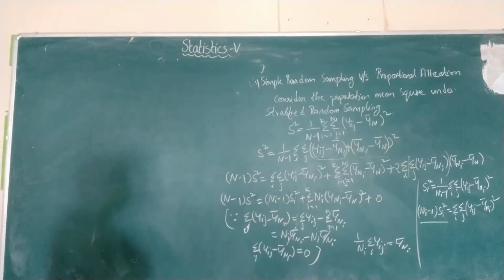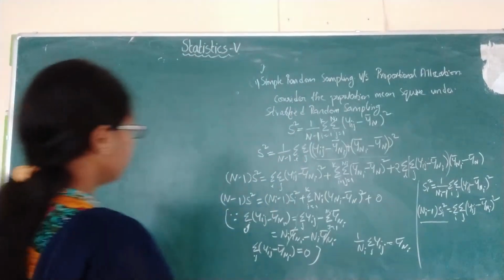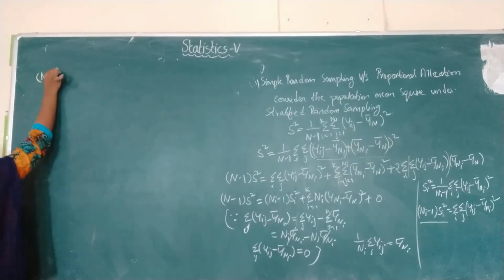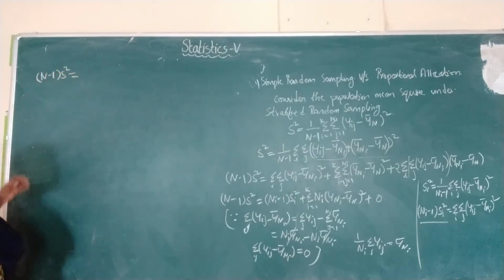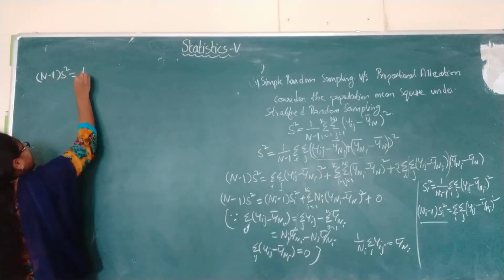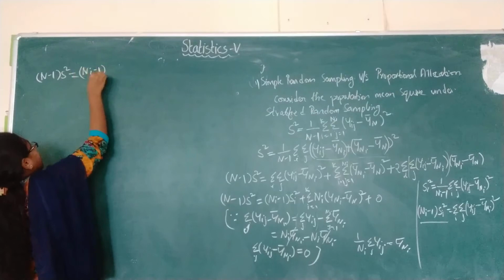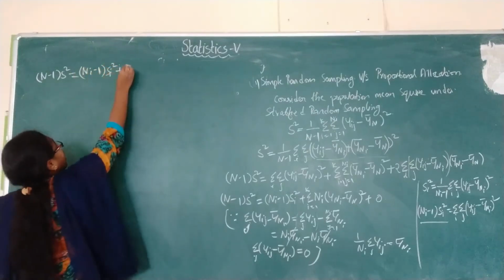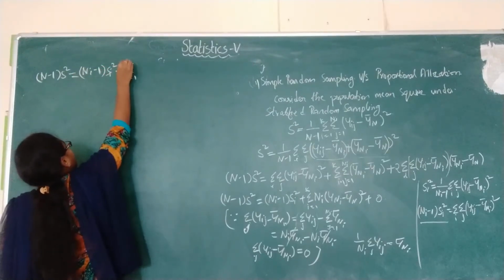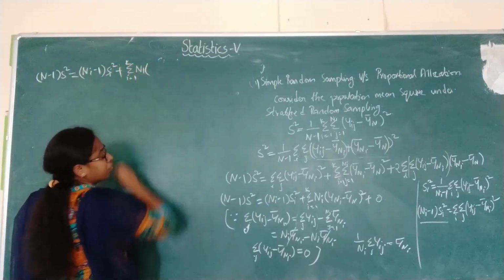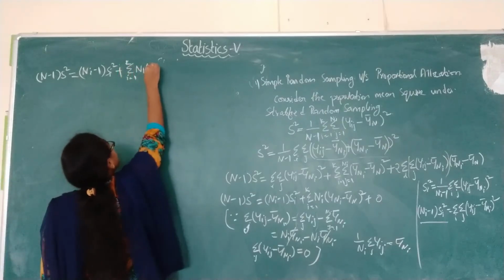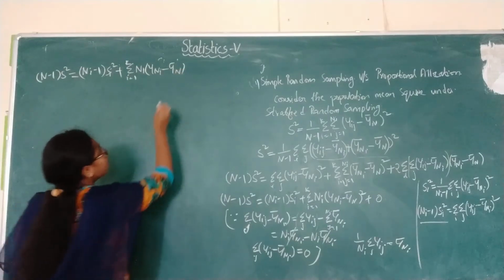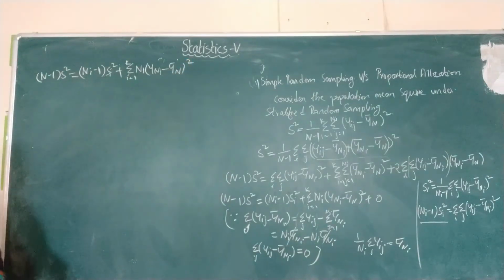See what is the last value we got here. On the LHS we have n minus 1 into s square equals ni minus 1 into si square plus summation over i equals 1 to k ni into (yni bar minus yn bar) whole square. So this is the final term we got here.